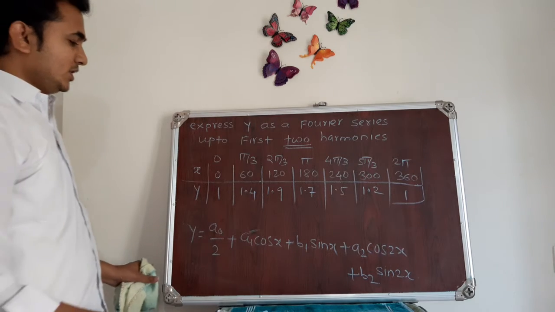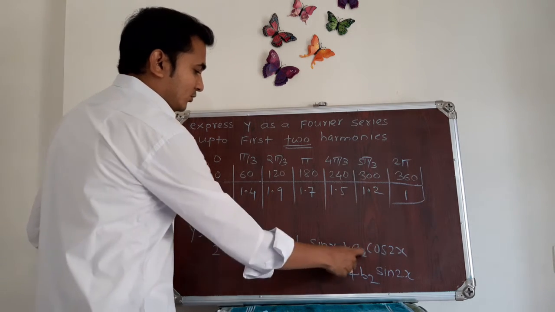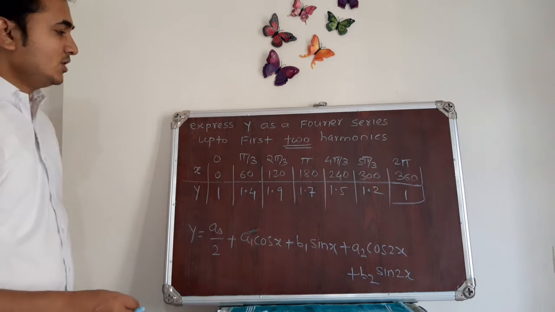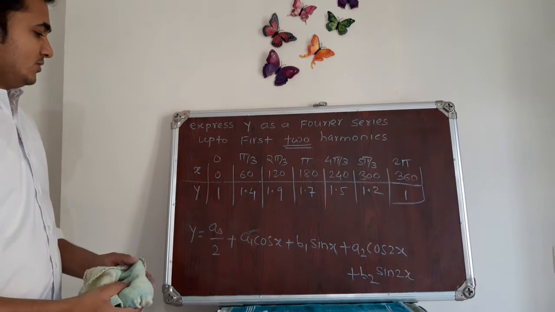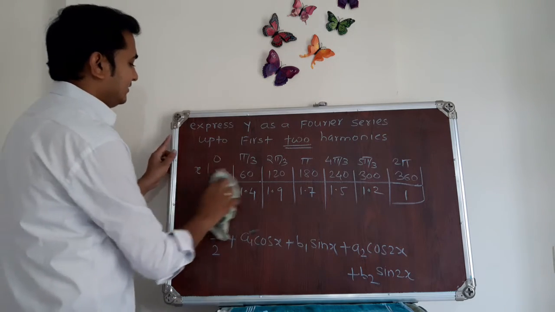Alright. So in total there are 1, 2, 3, 4, 5 coefficients you are supposed to find. Okay. For each of the coefficients there is a formula. So let us write it.